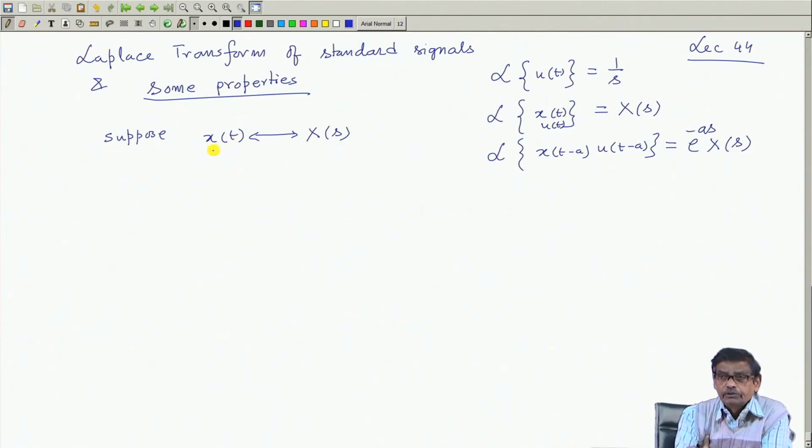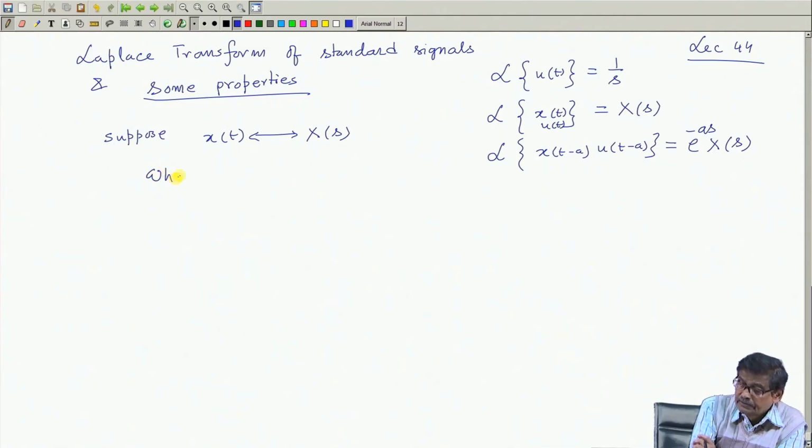X(t) in the time domain has a Laplace transform X(s). If X(s) is known, I will be able to find x(t) the inverse way. Inverse way I have not talked about till now, but that will be done from the table as we proceed further.